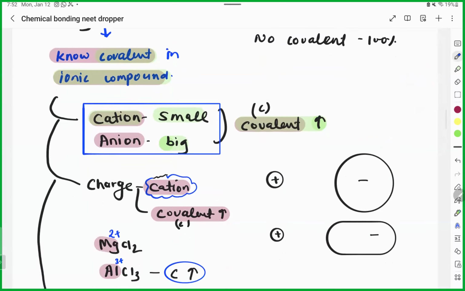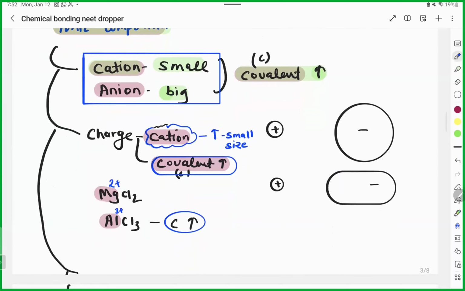Second, we are saying if you increase the charge on the cation, then covalent character also increases. We already said, because more charge on the cation means small size, and small size means more covalent character. Any doubt? Right?